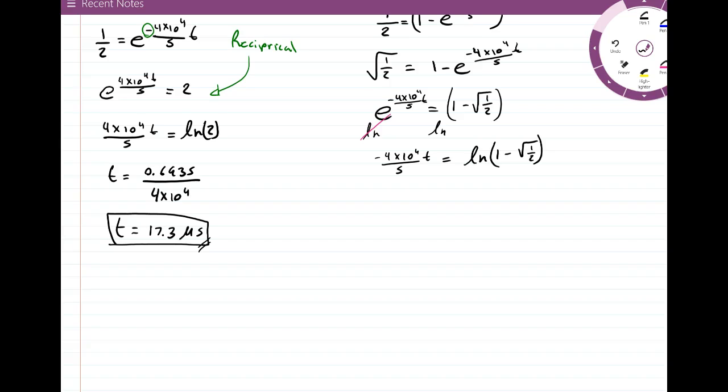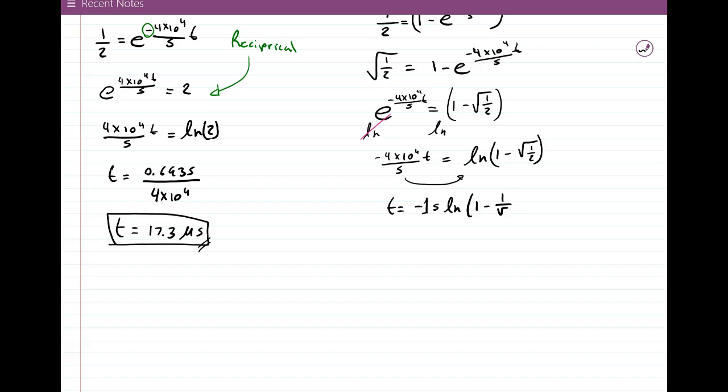So you take the natural log of 1 minus 1 over the square root of 2. 3.069 times 10 to the negative 5. That's what I got.